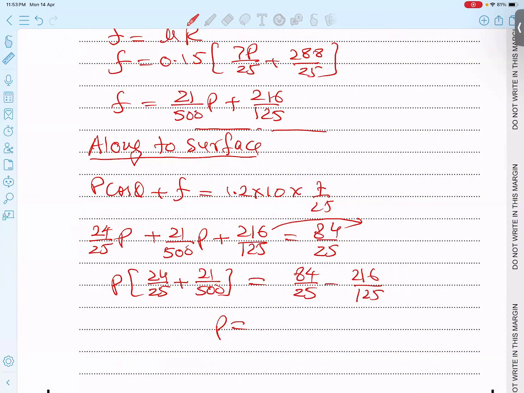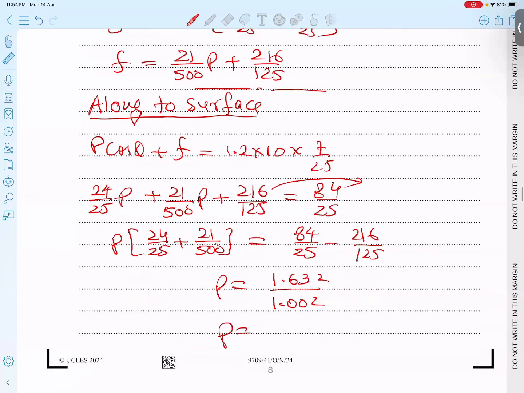Okay, I'm just saving the time. Minus 216 over 125. I get it here, in decimal 1.632. And when this divides down, this answer turned out to be 24 divided by 25 plus 21 over 500, and this turned out to be 1.002.